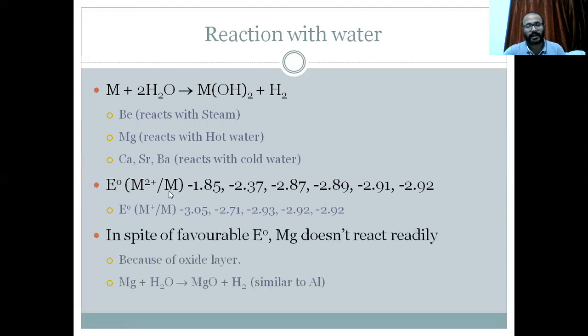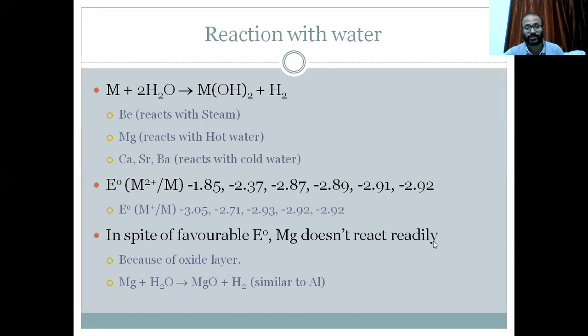Now, if you look at the magnesium electrode potential, it is highly negative. That means it should be reactive enough to react in cold water. But what you find here is that in spite of the favorable E naught that magnesium metal has, it doesn't react readily.